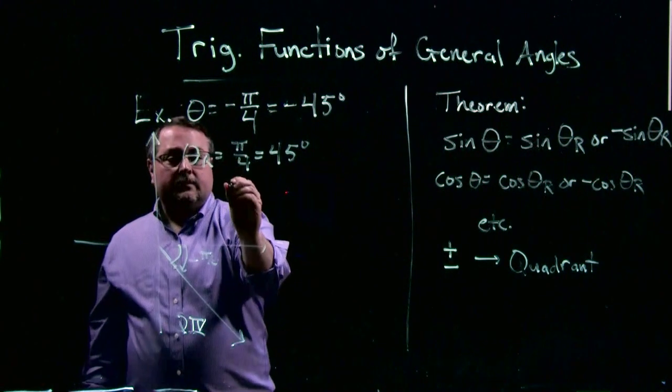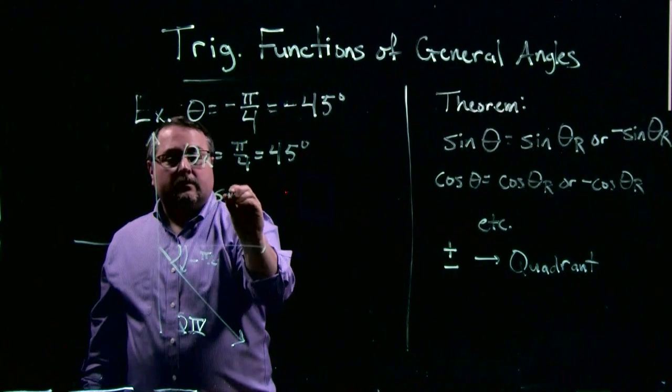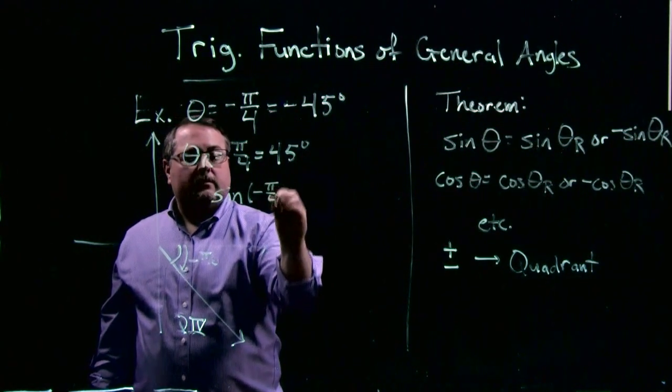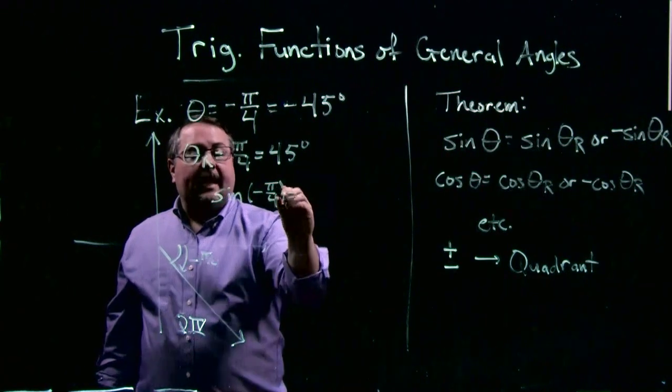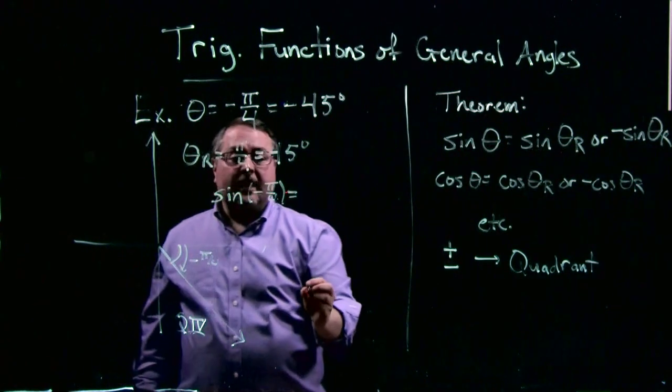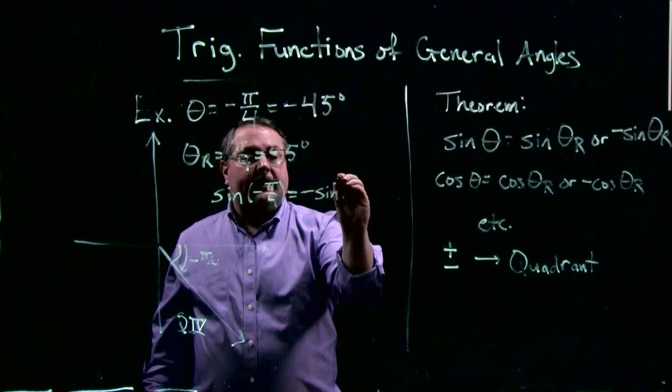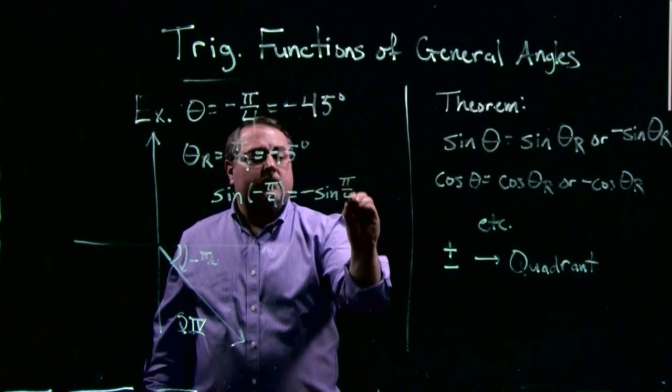Okay, therefore, since the sine is negative, sine of negative pi over 4 is going to be negative the sine of pi over 4.